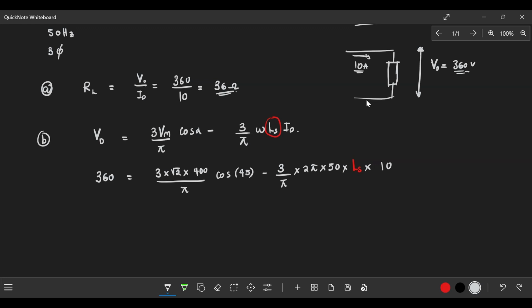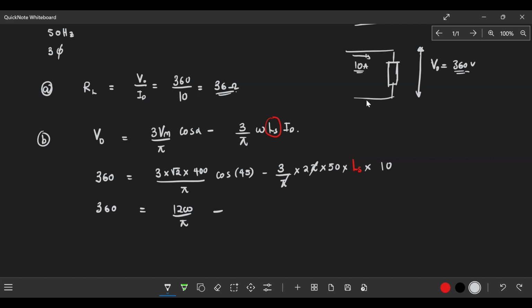So 3 times root 2 times 400 times cosine 45. Here I have 360 equal to 1,200 over pi minus... the pi and pi cancel out, so this will be 3 times 2 times 50 times 10.